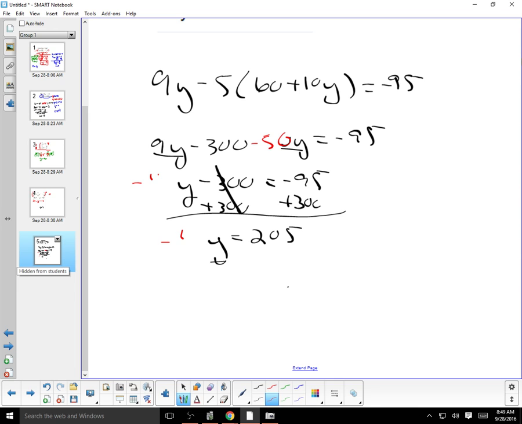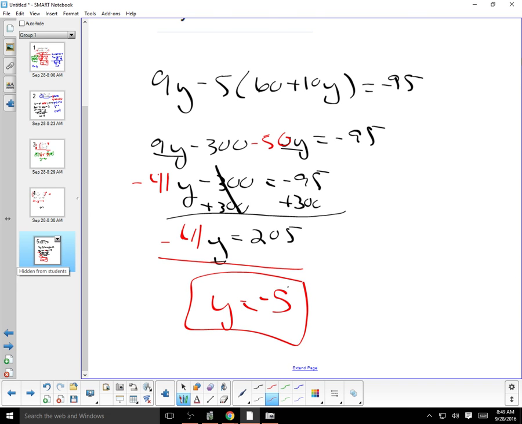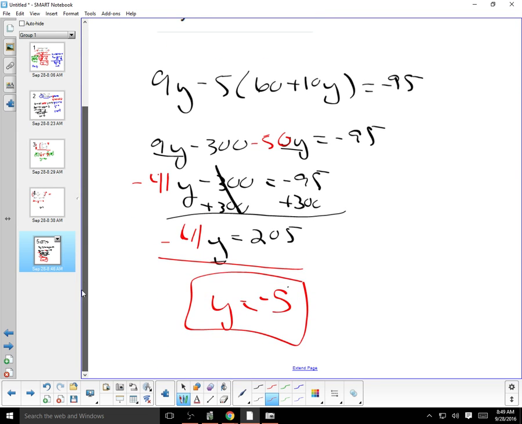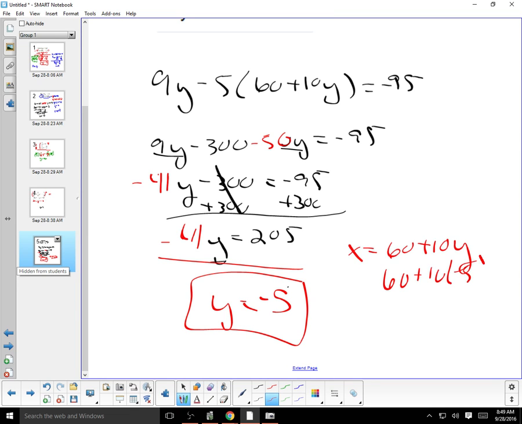Darn arithmetic. Okay, that makes much more sense, because y would be negative 5. There we go. And then plug it back into x. So x equals 60 plus 10y. So 60 plus 10 times negative 5. 60 minus 50 is 10.